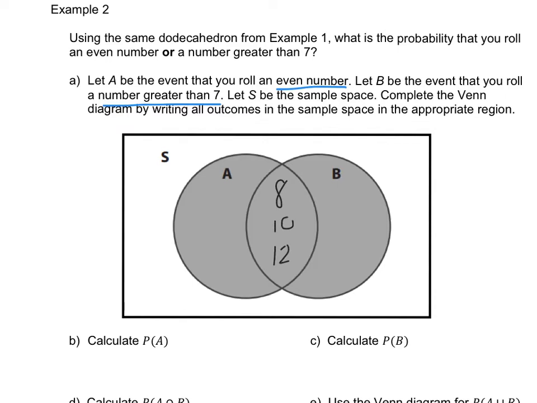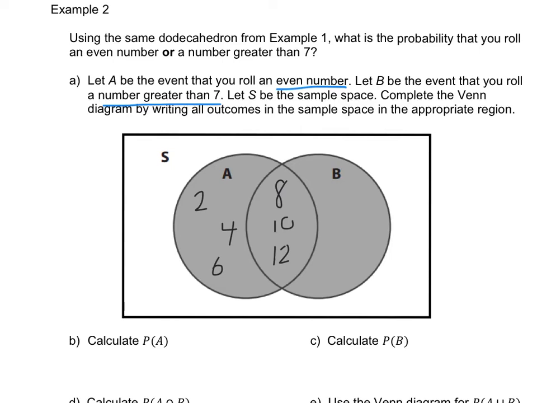Okay, now let's look at set A and B separately and figure out what would go in just those portions of the Venn diagram. So for set A, I want even numbers, and I've already included 8, 10, and 12 in the overlap, but what other even numbers are there between 0 and 12? Well, I have 2 and 4 and 6. And what about set B?